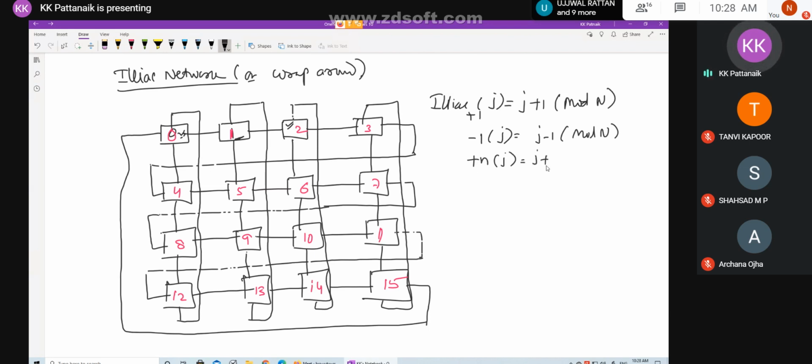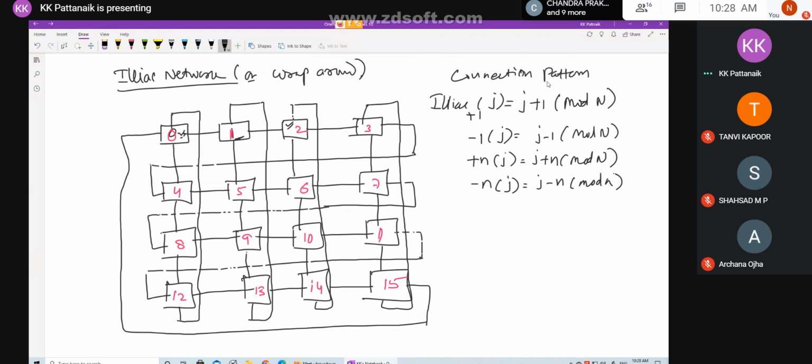So it is j plus n mod n, and minus n, j is j minus n mod n. So this basically shows the connection pattern.